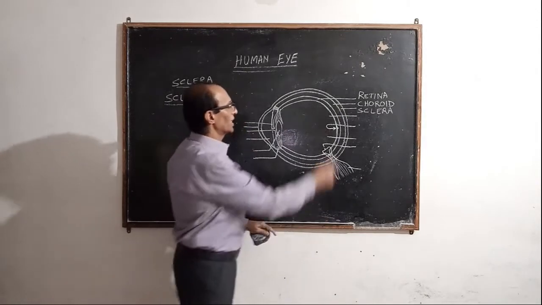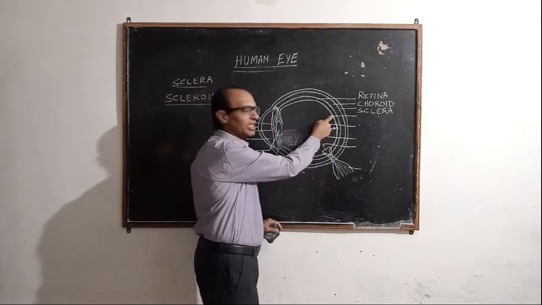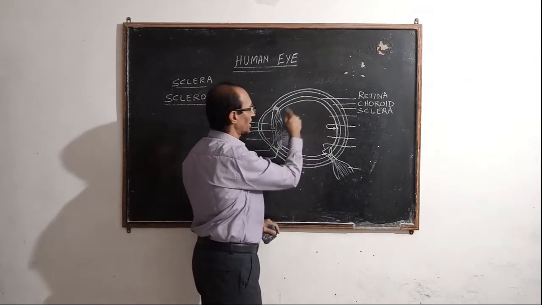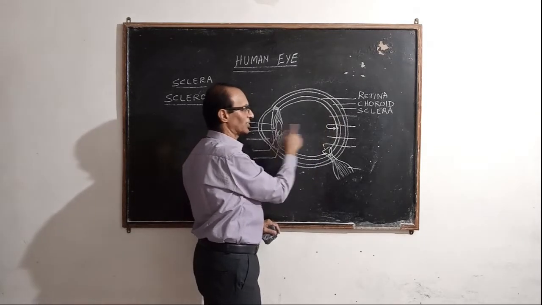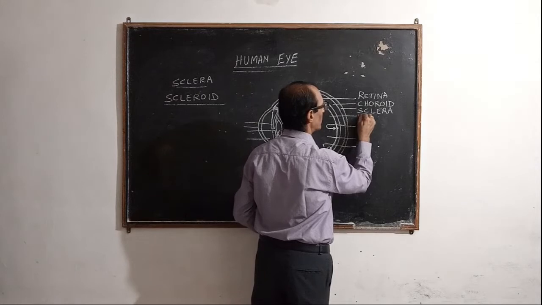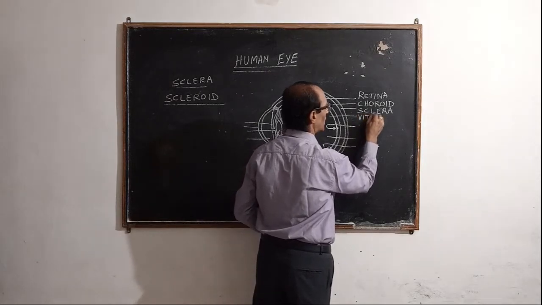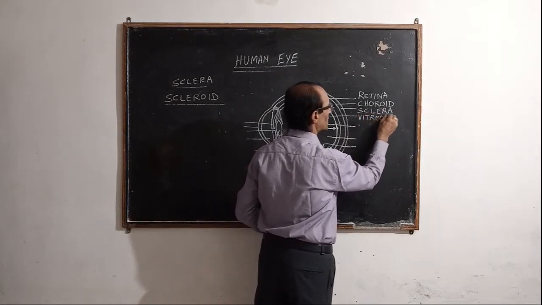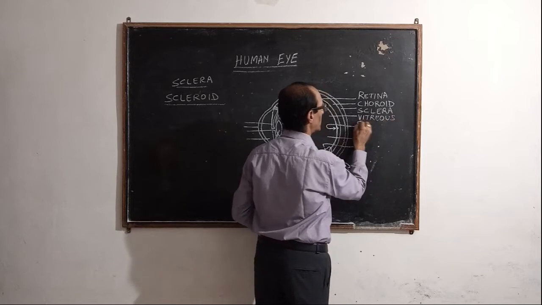Then this chamber, this pointer that is indicating the portion behind this lens before this retina, this is vitreous chamber, V-I-T-R-E-O-U-S, vitreous chamber.